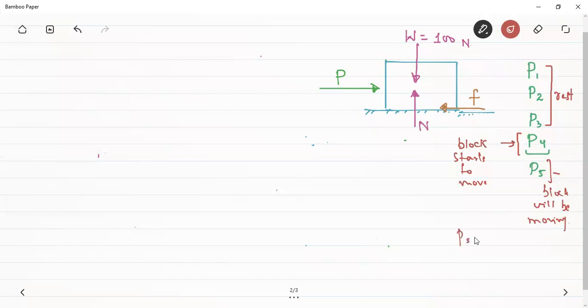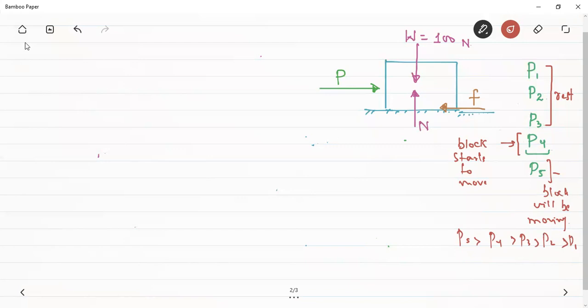We can see that P5 is greater than P4, greater than P3, greater than P2, greater than P1. What is the value of this P4 at which the block is just trying to slide, that is, the motion is just about to begin?